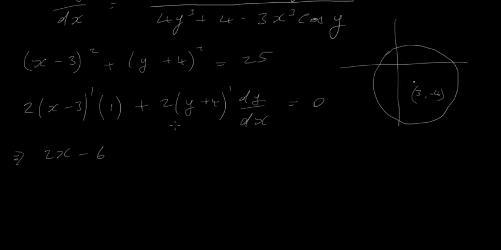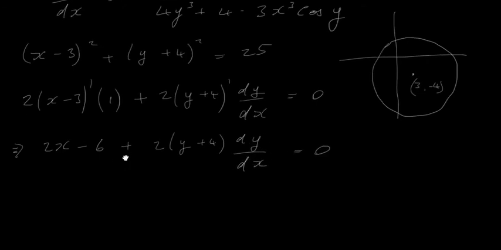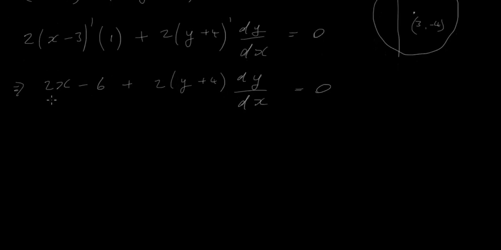2x minus 6. And over here, I'm not going to multiply this out yet because it's all multiplied by the dy/dx. Let's see, 2 times (y plus 4) dy/dx. And that's all equal to 0. So let's just bring these over to the other side, or subtract 2x, add 6 to both sides.